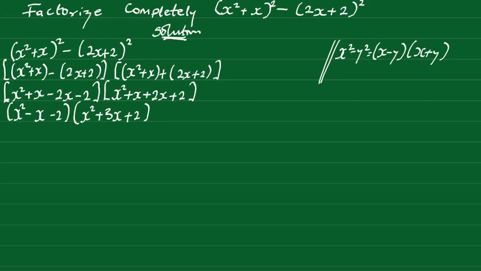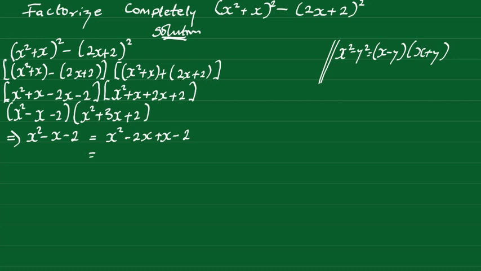Therefore, from our first bracket, we have x² − x − 2. We think of two factors of minus 2 that when added together give us minus x. These factors of minus 2 are minus 2 and plus 1. Therefore, our expression becomes x² − 2x + x − 2.